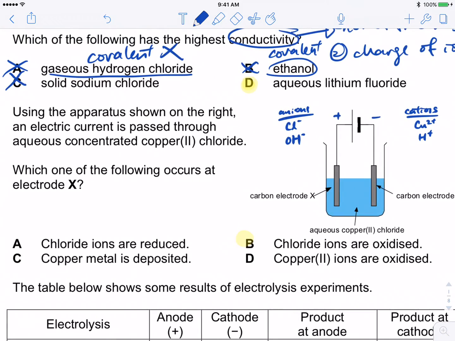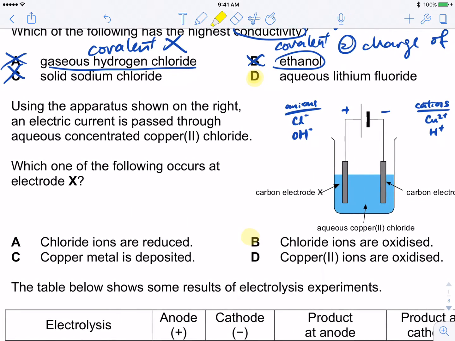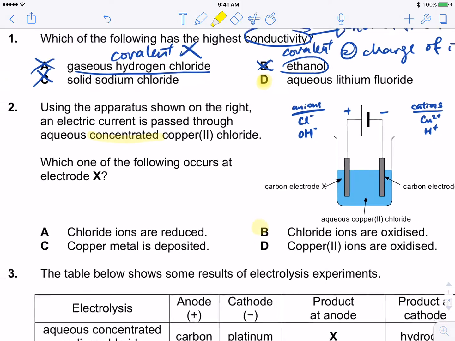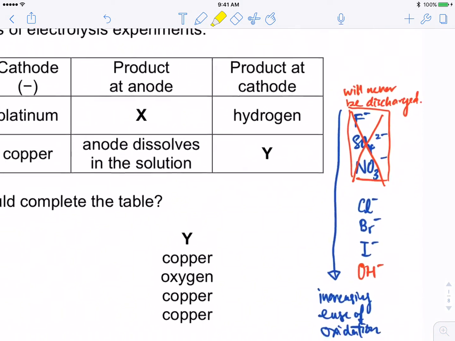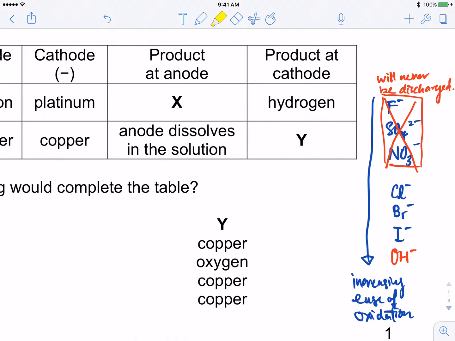So since they say it is a concentrated copper(II) chloride solution, if you look at the anions, looking at their electrochemical series, we see that chloride is above hydroxide. So by right, hydroxide should be preferentially oxidized.